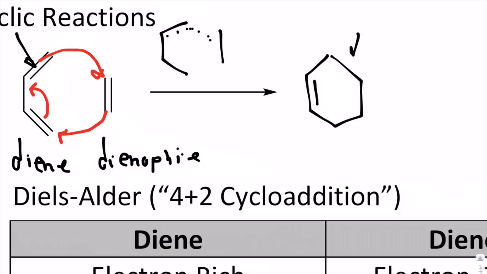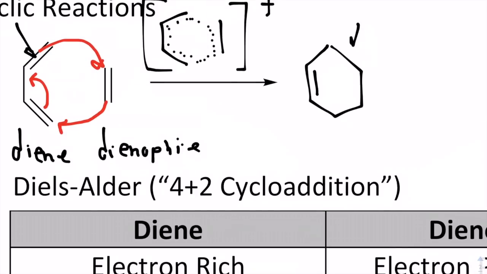We saw that new bond forming right there, but we also broke that pi bond right there, and we formed a new one there. So our transition state should be this cyclic array of dashed lines, because that is a pericyclic reaction that goes into a circle. So definitely be cognizant of our transition states, and be cognizant that we are going to form these cyclohexene end products.